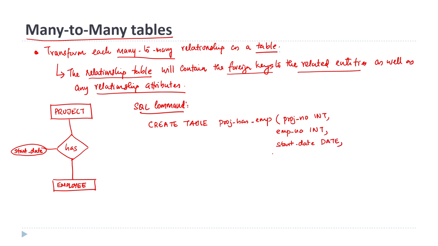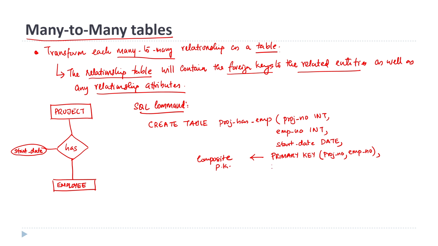Then I have primary key. Okay. I have project number, comma, employee number. Okay. So, I have two of them, two of the columns together, now identifying the primary key. So, these kind of primary keys are also known as composite primary key. Okay. Two of them are there, right.